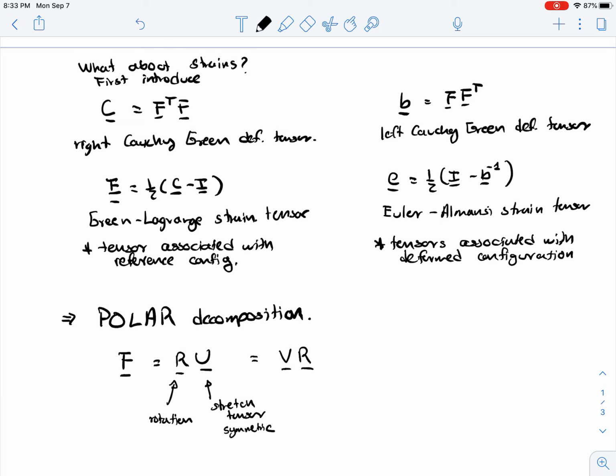And then another way of writing this, a different version of the polar decomposition, is to first have a rotation and then have a stretch. So the same rotation, but two different stretch tensors, the right and the left stretch tensor.